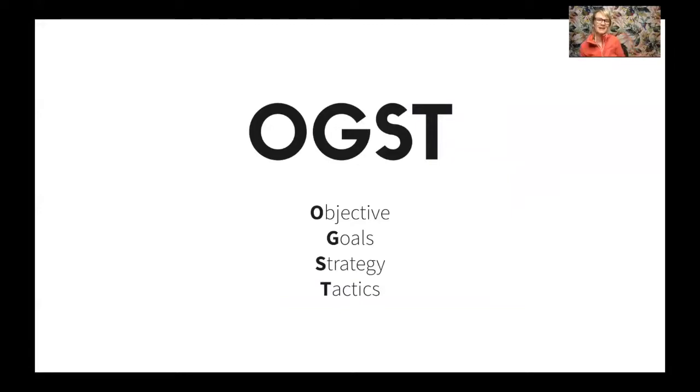It's just an acronym for Objective, Goals, Strategy, and Tactics. This is from, they taught us this method when I was getting my master's degree. And if I remember correctly, this is based on some kind of military strategizing, I think it was about war or military or something like that.